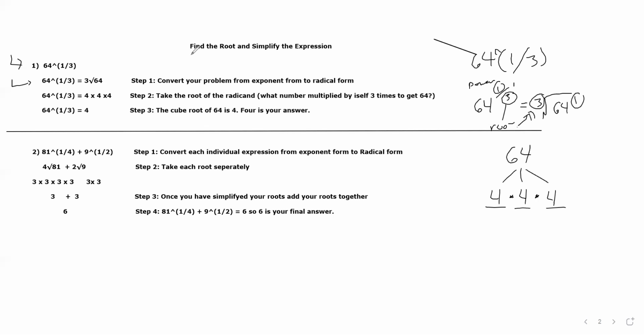So in this case, we have 4 times 4 times 4, because 4 times 4 is 16, times another 4 gives me 64. So I know that the cube root of 64 is just 4. That's what I tried to show here, but it can be difficult when you type it out. So this was my best attempt at typing that out.